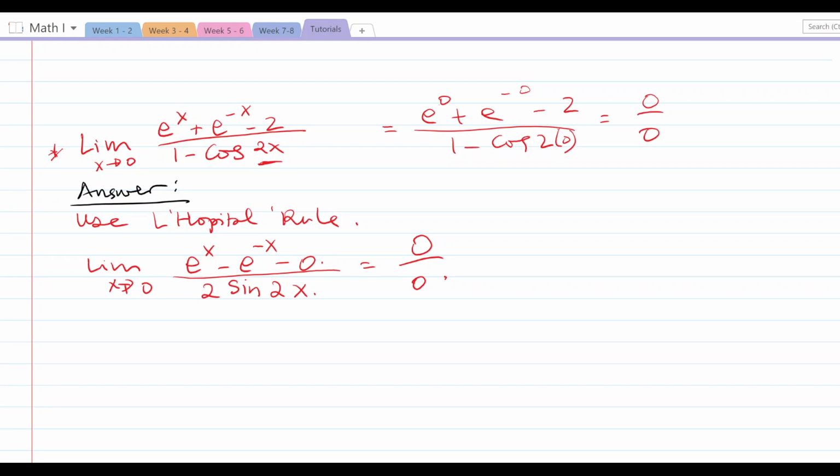So this equals the limit as x approaches 0 of e to the x plus e to the minus x, because the derivative of the negative x makes the sign positive, negative times negative is positive. The derivative of sine is cos, and we multiply by 2 also, so 2 times 2 cos 2x, which is 4 cos 2x. I just put it directly.